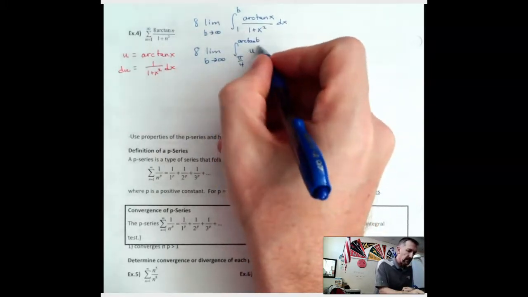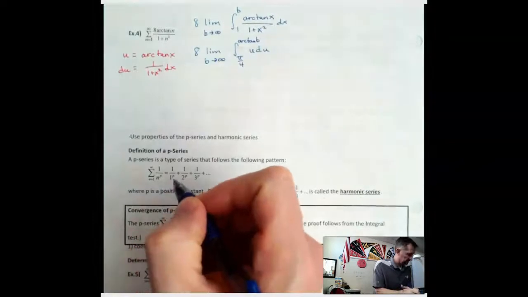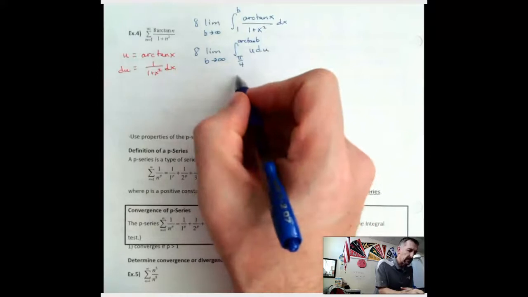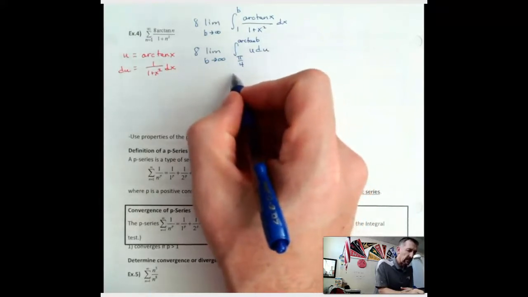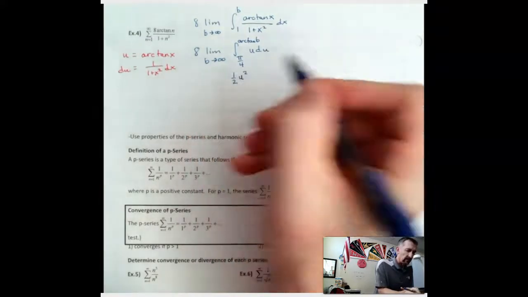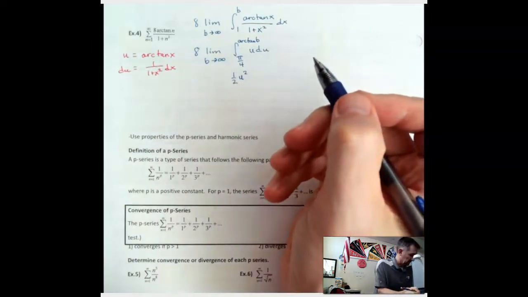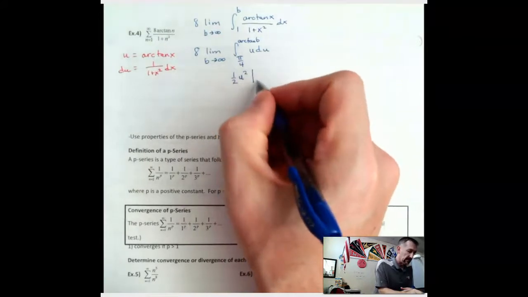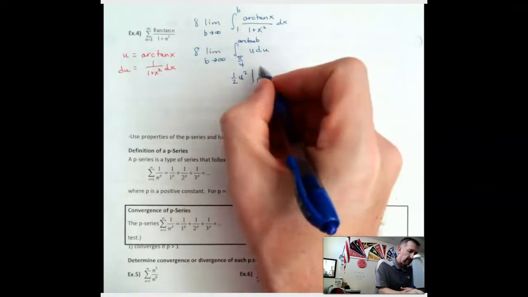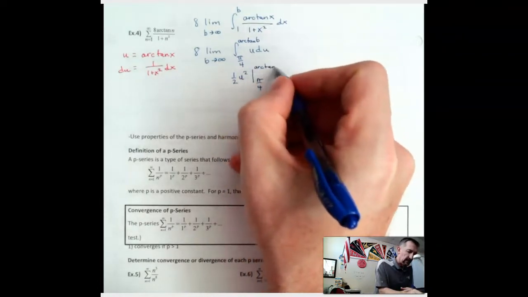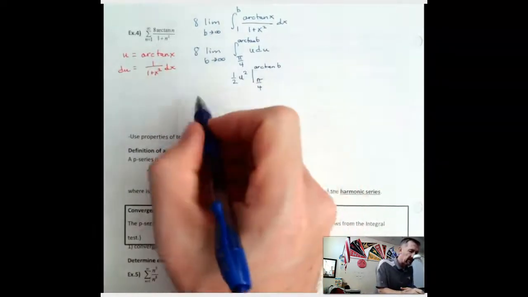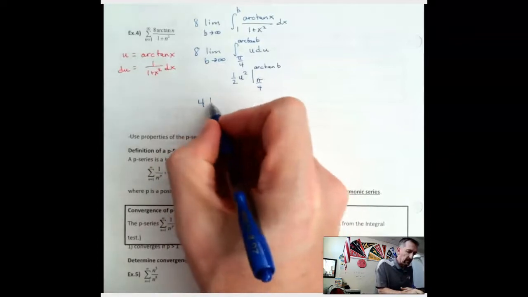And then this will be u du. If we integrate that, it's going to be one half u squared. Then we evaluate that from pi over 4 to the arctan of b. Now we can pull this 1/2 out with that 4.